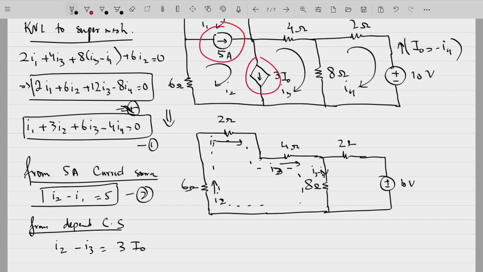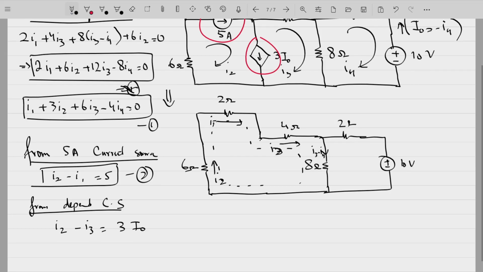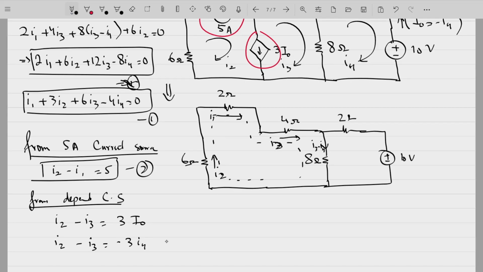You can see that here from this fourth mesh. So this becomes I2 minus I3 is equal to minus 3I4, or you can say I2 minus I3 plus 3I4 is equal to 0. This is equation number 3.